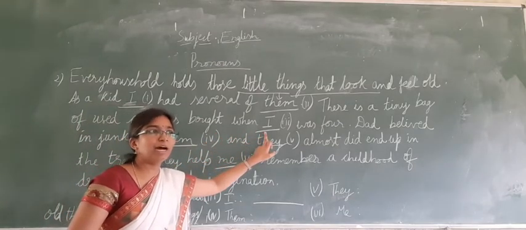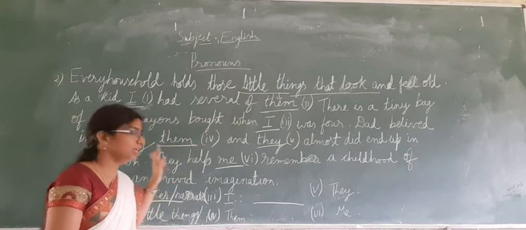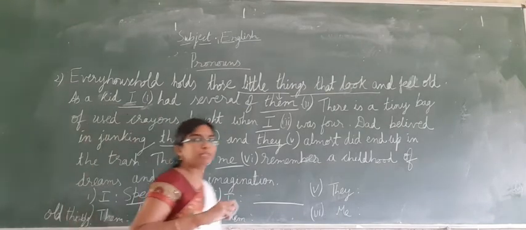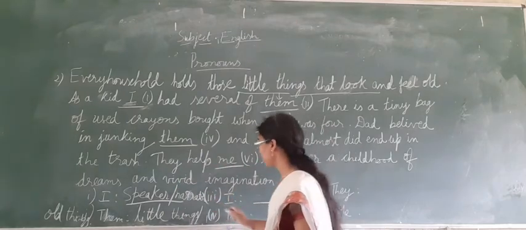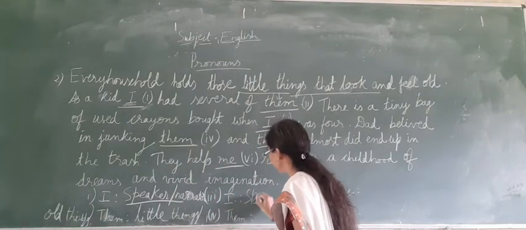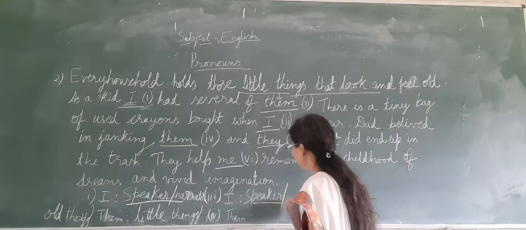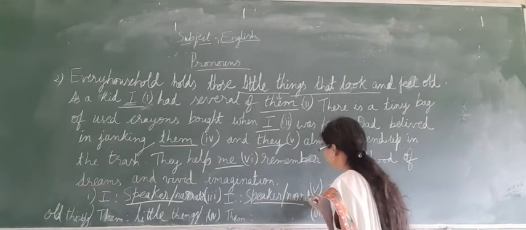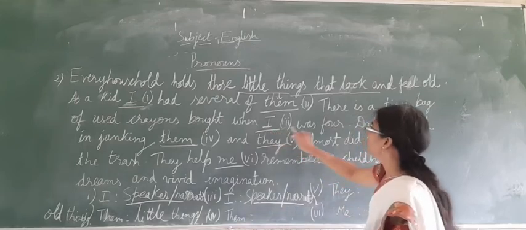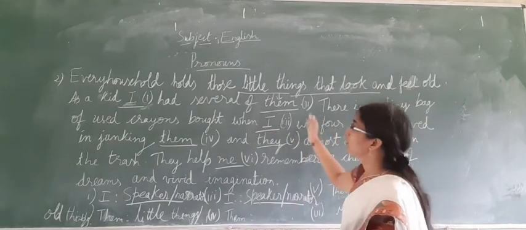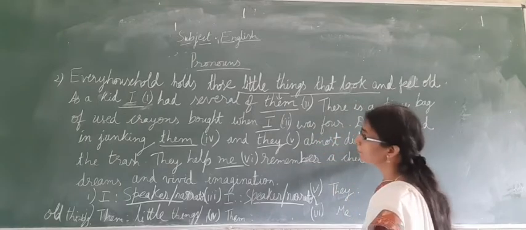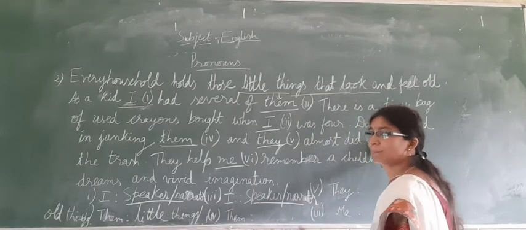Who was 4? I? Yes, narrator. I am telling the narrator or speaker. Speaker or narrator. Narrator was 4. If we continue, Dad believed in junking them.